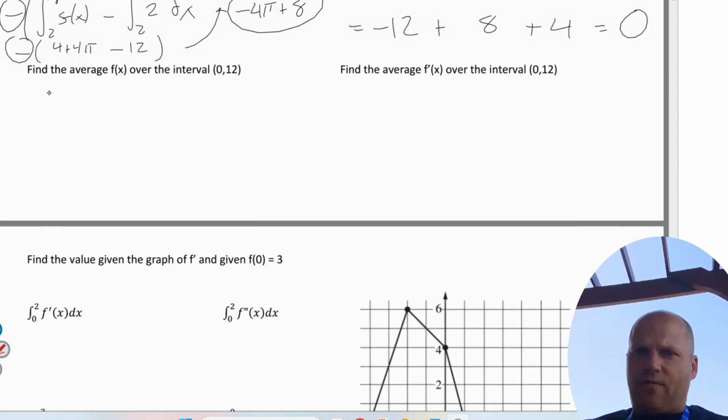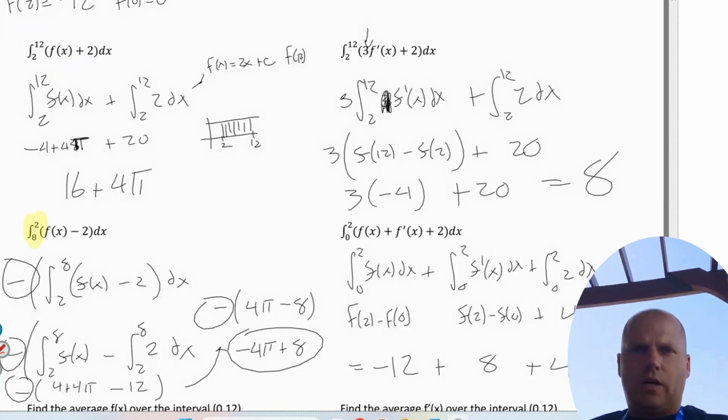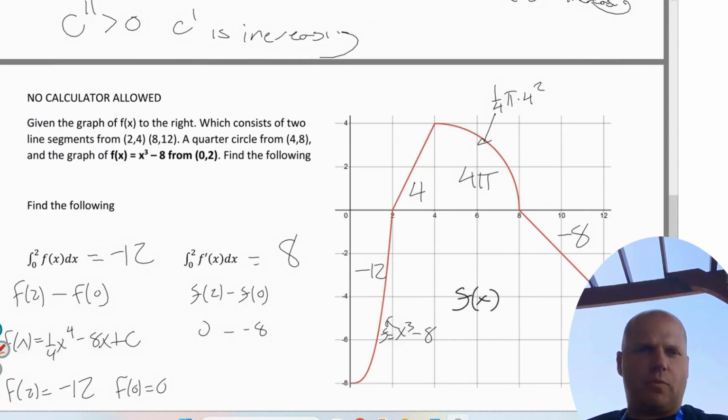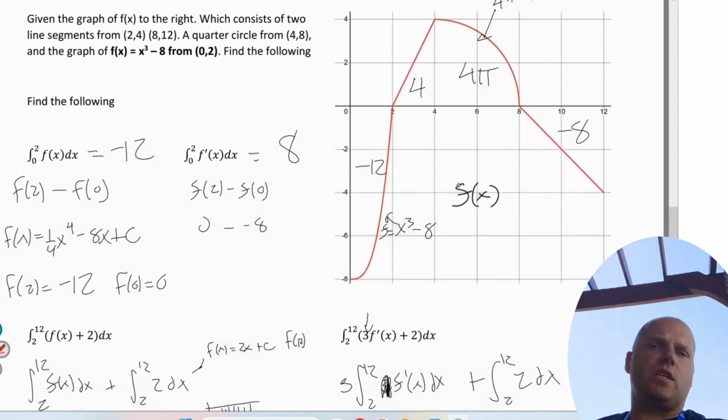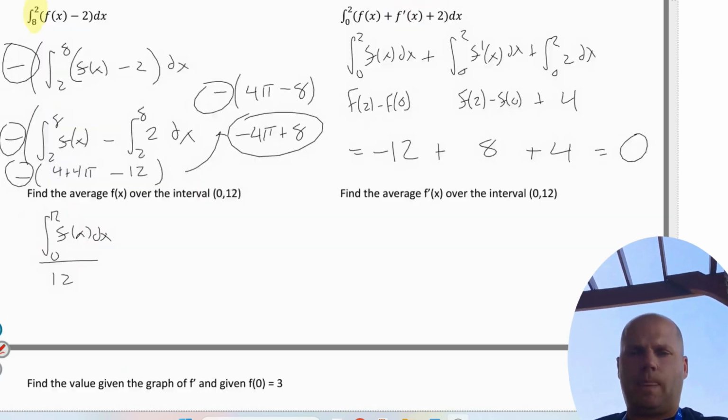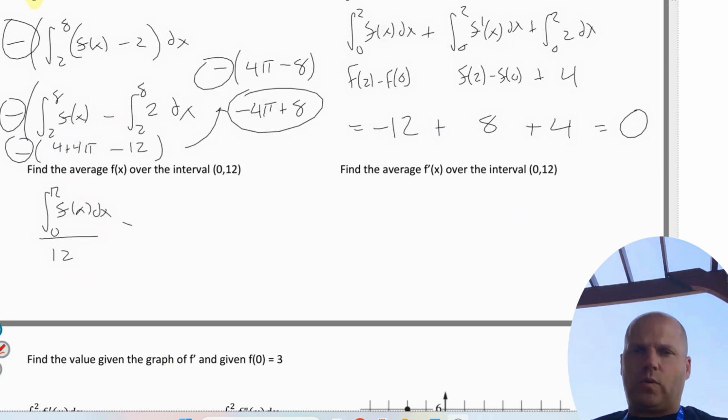All right, find the average F. I'm going to add up all my F's, divide it over my interval. Well, since I found this accumulation in all these, I have negative 20 plus 4, which is negative 16, plus 4 pi, over 12.